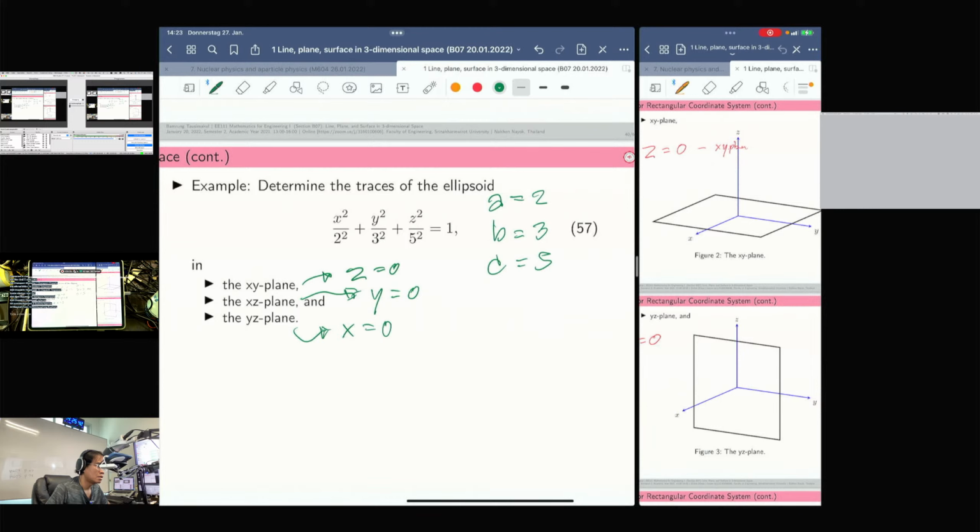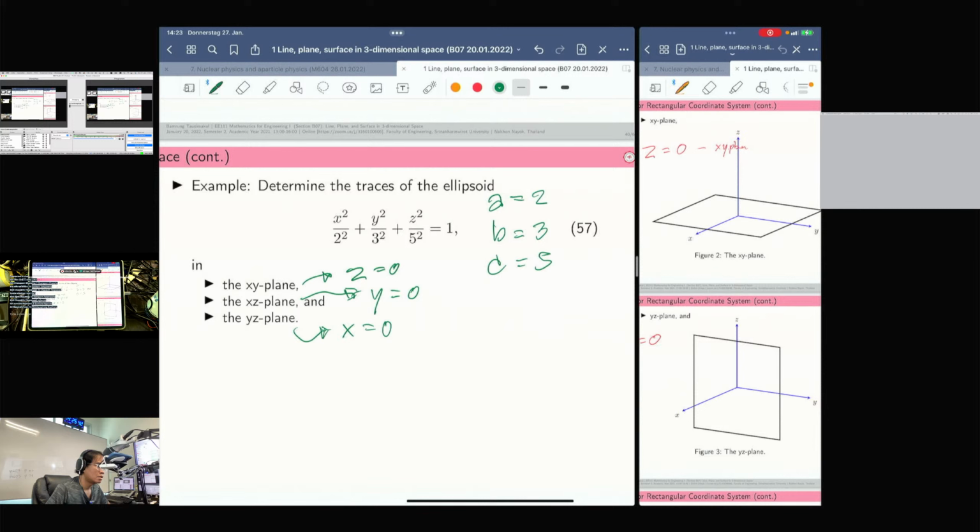Anyone who could find the result? If not, then we'll find the intersection result. The first thing is that you have to solve these two equations: x squared over 2 squared plus y squared over 3 squared plus z squared over 5 squared equal to 1, that's the first equation. The second equation is z equal to 0.